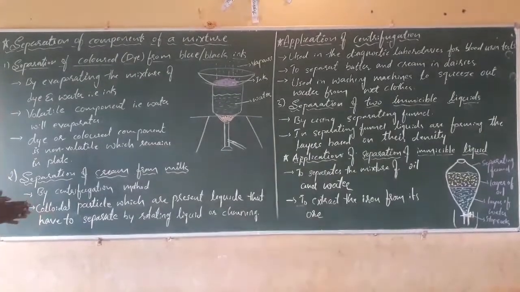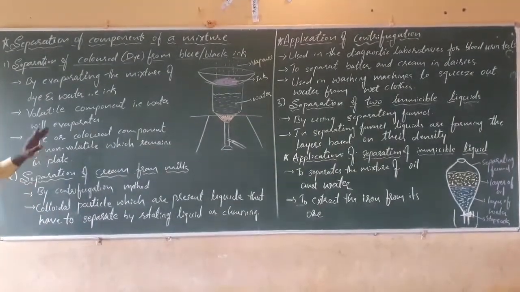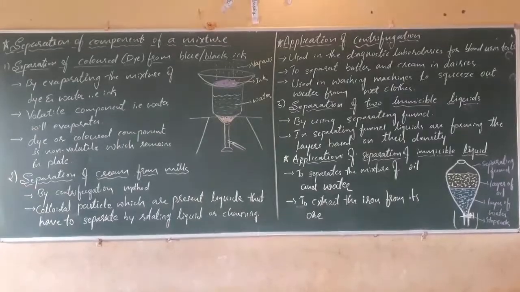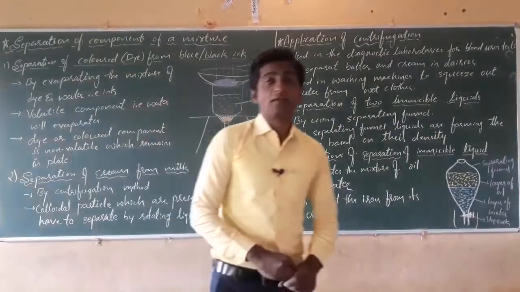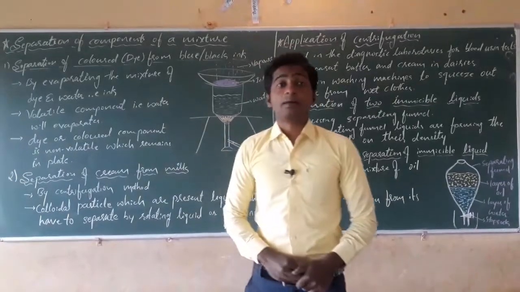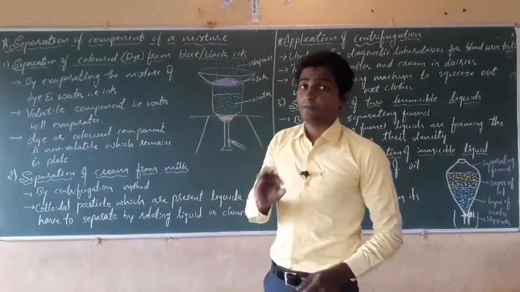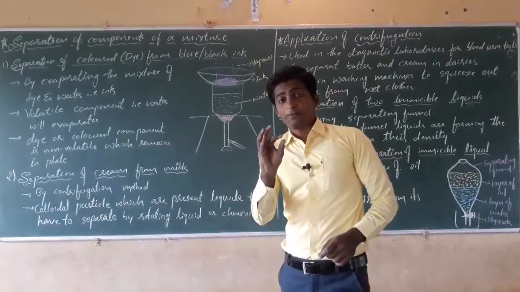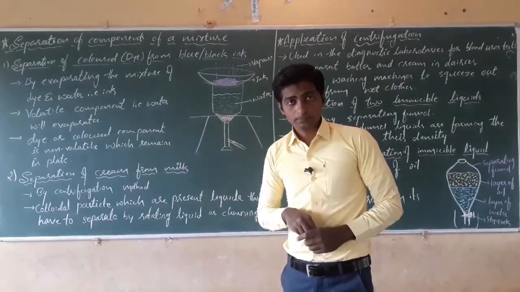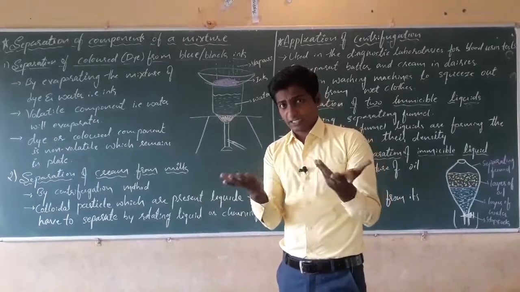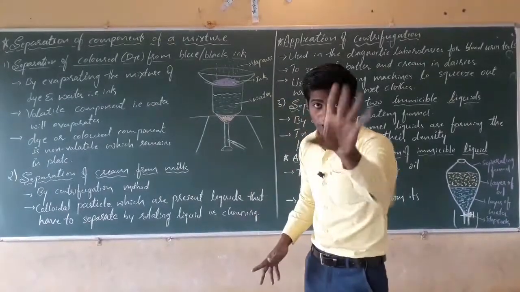See here, dear students, the next method is the separation of the components of milk. Milk is a mixture of fat particles and protein particles in water. Milk is a homogeneous mixture, as we have studied yesterday. These are colloidal particles.